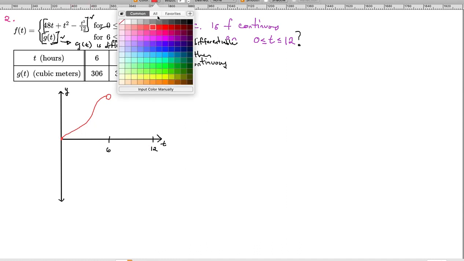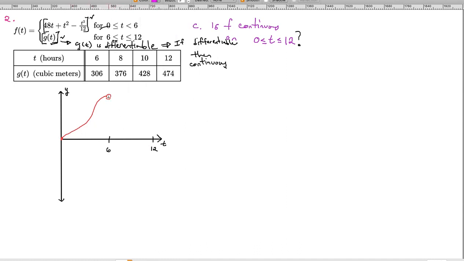Now, there are really two cases for how it looks at 6. It could be that it looks like this, right? In which case it's discontinuous at 6 and f is not continuous on this entire interval, because it wouldn't be continuous at t equals 6.